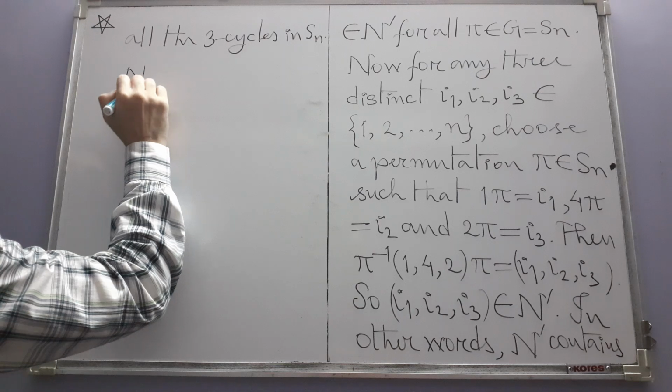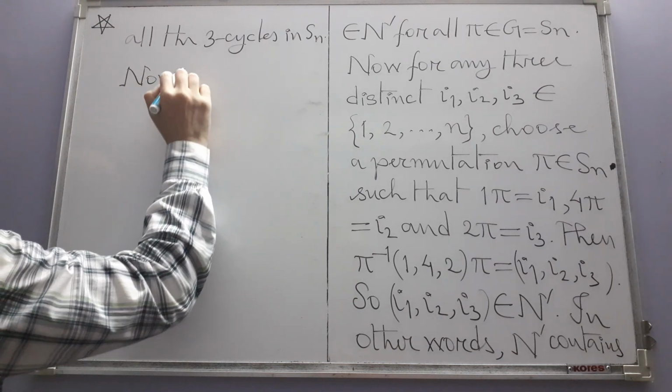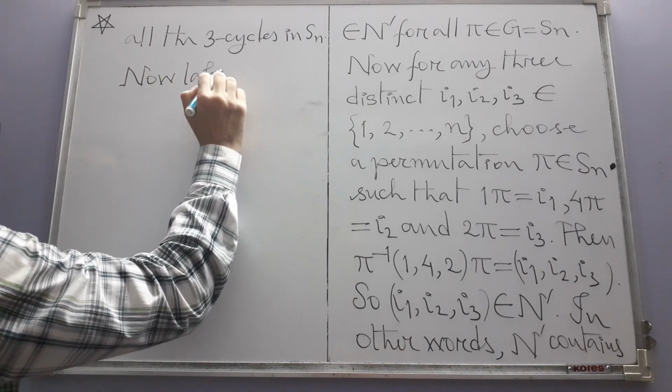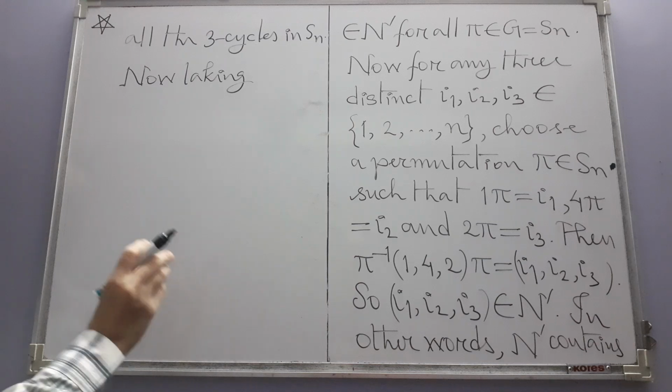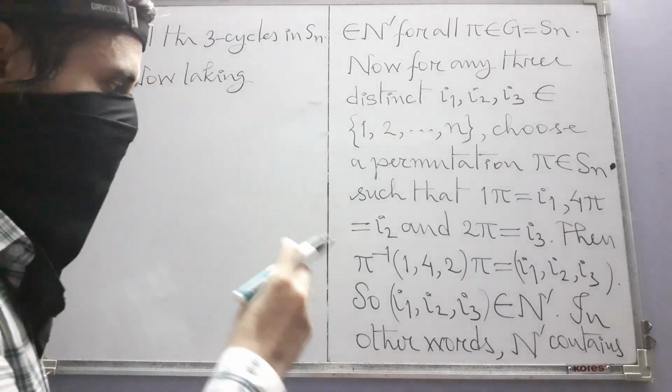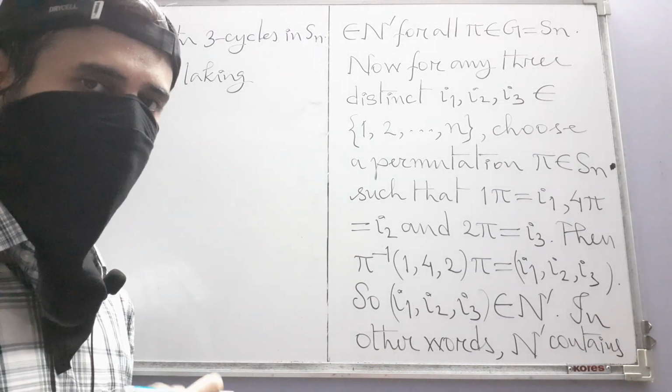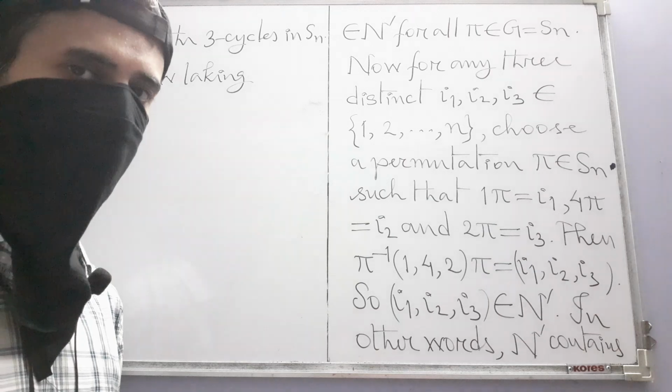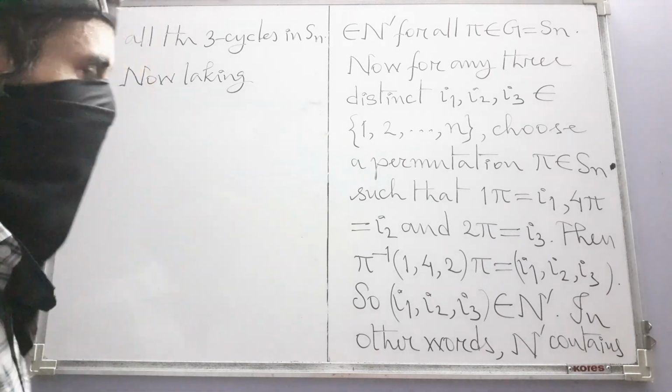Now, we are going to take a special value of N. Value of N means in place of N, we are going to take a special normal subgroup of G or Sn, namely Sn itself.